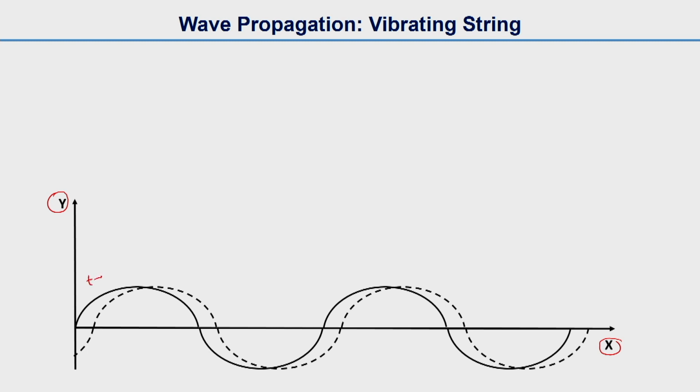At time t equal to 0 we represent the wave with a solid line, and at time t not equal to 0, that means after some time, the wave reaches here, shown by the dotted line. The vibrating string is the simplest case of wave propagation.